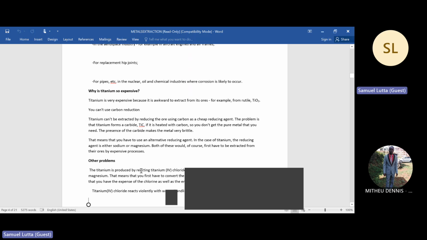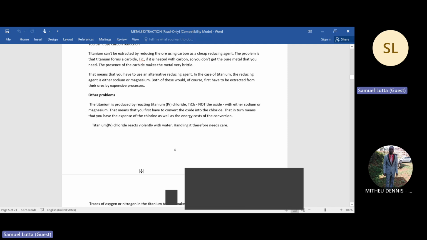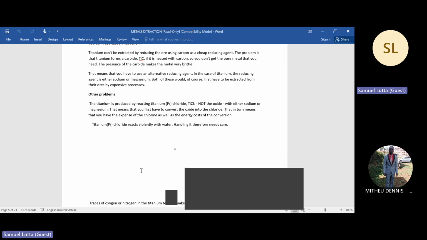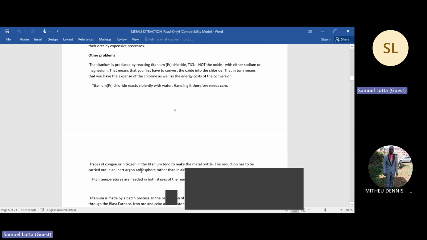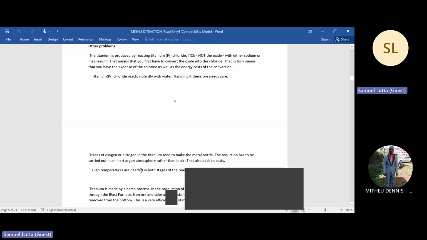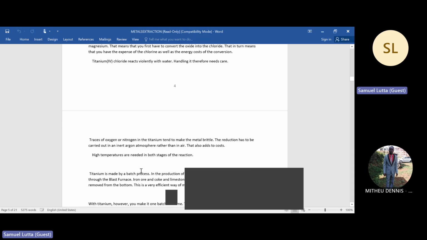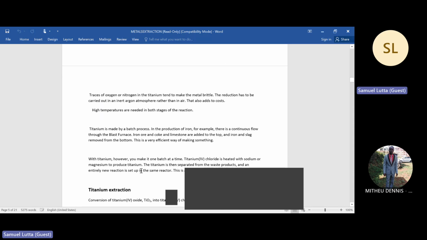And then we also said you cannot reduce it by reacting with chlorine, because the product that you form is not very stable. It doesn't like water. So to reduce this, you need to carry out this reaction at high temperature and use metals to reduce the product.